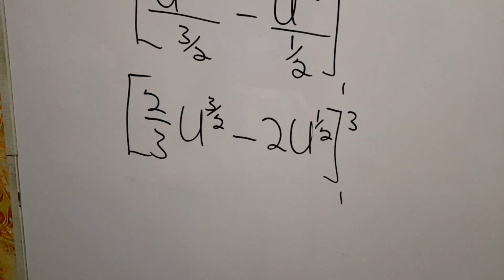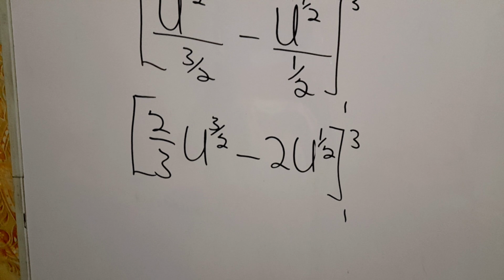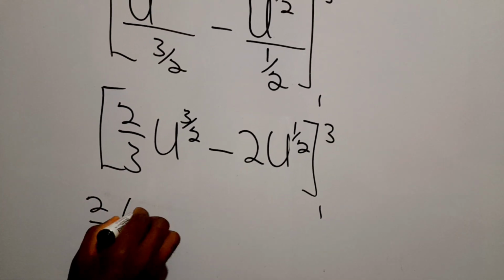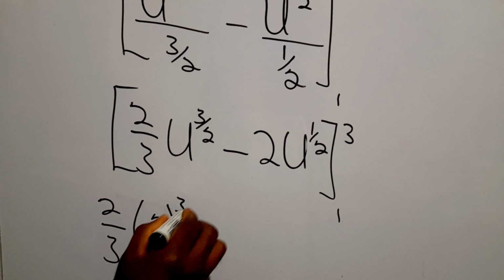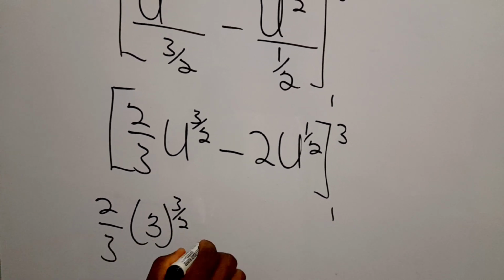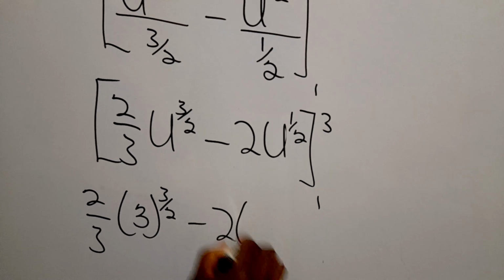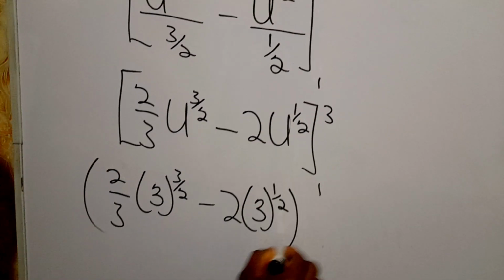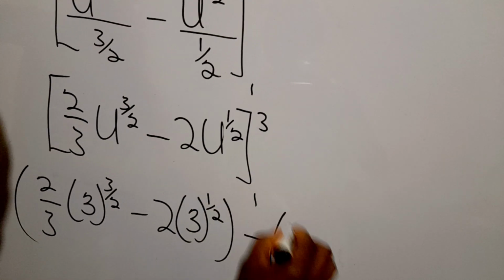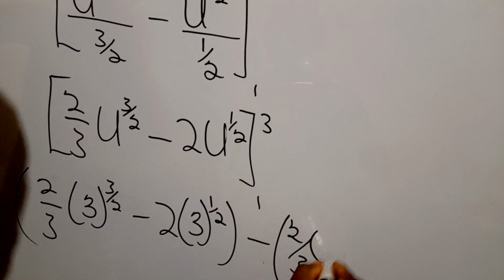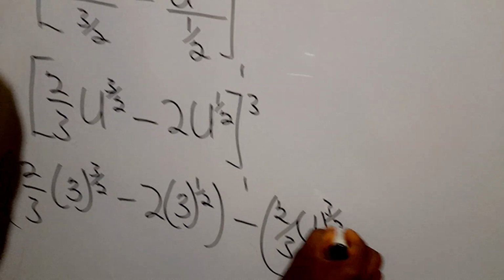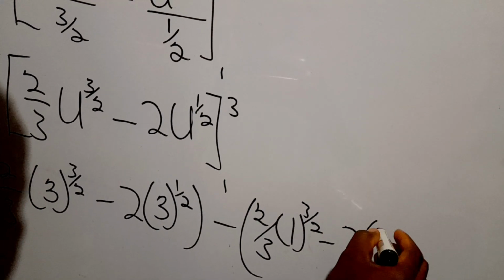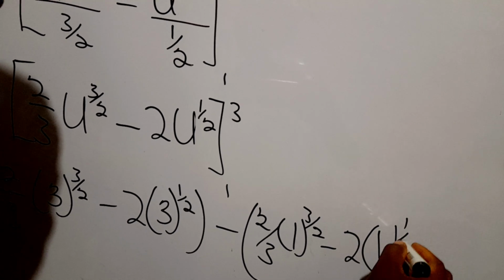So in substituting, since this is definite integration, we'll say this will be 2 out of 3, 3 exponent 3 over 2 minus 2, 3 exponent half in one bracket, then minus 2 over 3, 1 exponent 3 over 2 minus 2 bracket 1 exponent half.